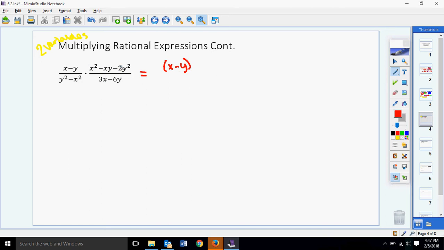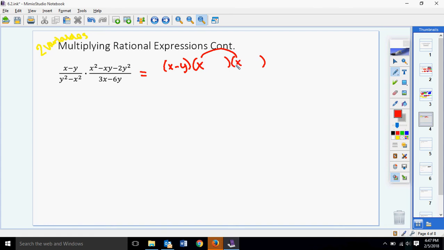Now looking at the second numerator, it looks like a binomial, but it's kind of in a different form. This can actually be factored, since it's a trinomial, into two sets of parentheses, just like we did on the last problem. I know that when I FOIL my first terms, it has to equal an x squared.